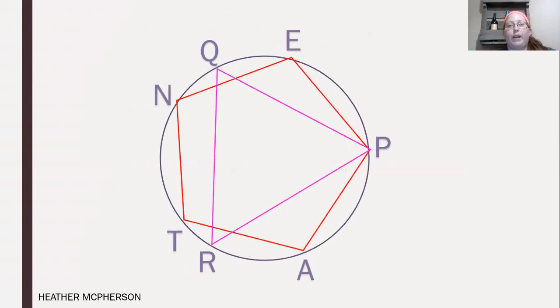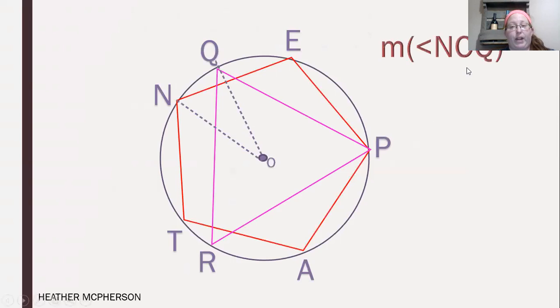So now what we want to do is look at, there's one central point in all three of these shapes, and we're going to go ahead and make that O. And now we're going to have a line QO and a line NO. And what we want to find out is the measure of that angle. So this triangle here, we want to know what this angle is. So your measurement is to find angle NOQ, and that is actually going to equal 24.